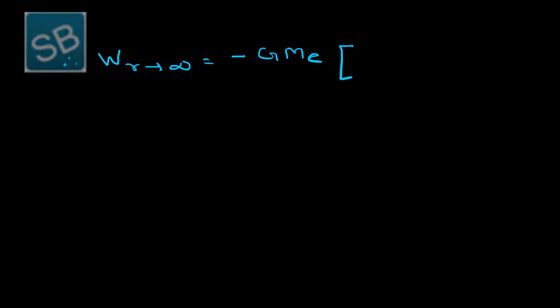So increment in power by 1: 1 upon r square is r raised to minus 2, so increment means minus 2 plus 1, so it is minus 1 over r.